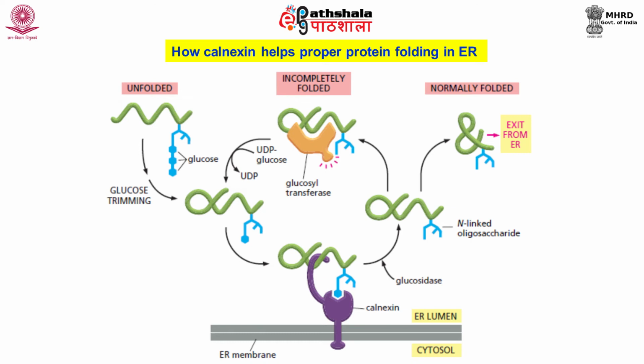If the protein is still incompletely folded, the enzyme transfers a new glucose from UDP glucose to the N-linked oligosaccharide. Now, this protein can again bind with calnexin and will be retained in the ER. The cycle repeats until the protein has folded completely. The completely folded protein then leaves the ER.